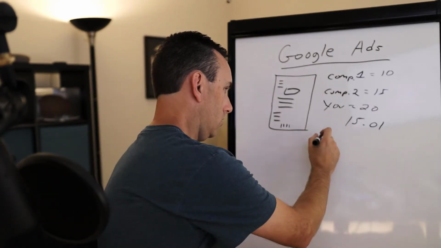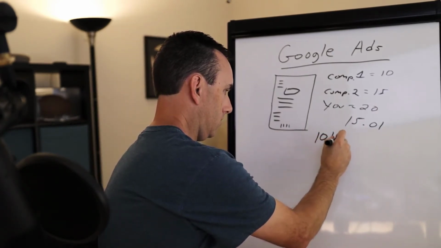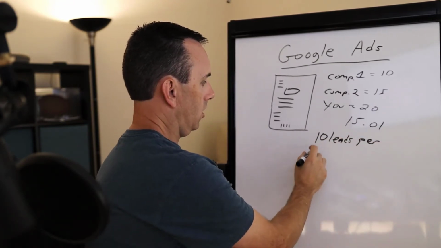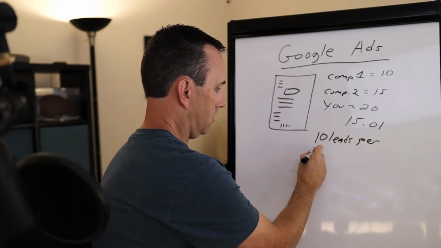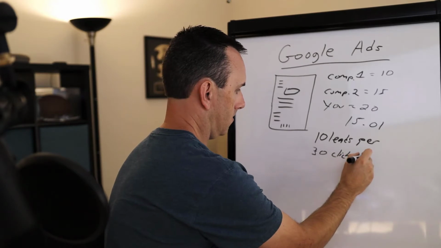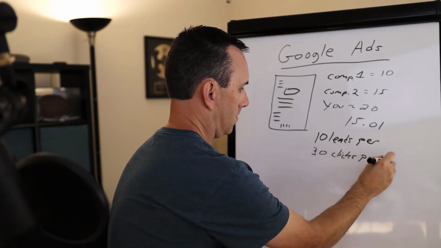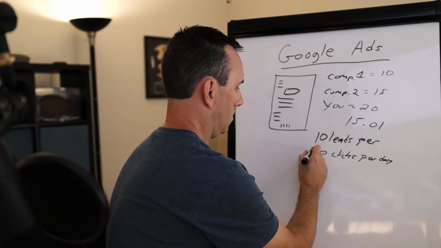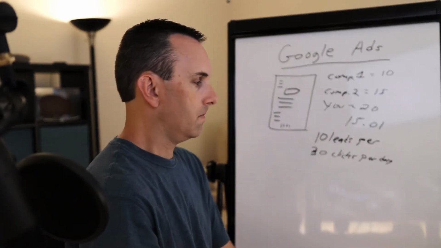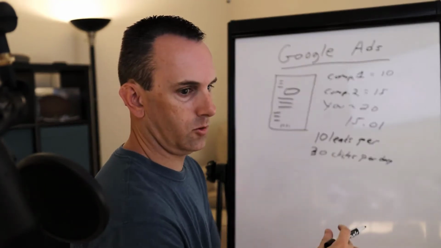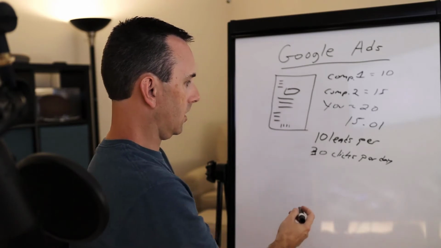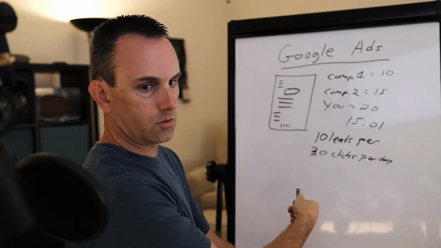So if your goal is 10 leads per day, then you need 30 clicks per day to generate 10 leads.